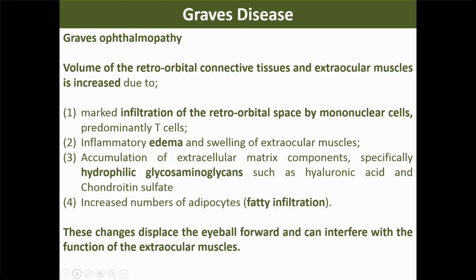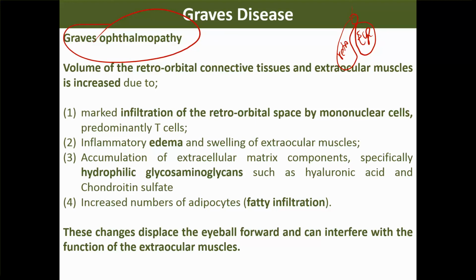So they produce the characteristic Graves ophthalmopathy. For example, this is a lateral view, this is the person's eye, and this is the area called the retroorbital area, the area beneath the eye in the eye orbit.